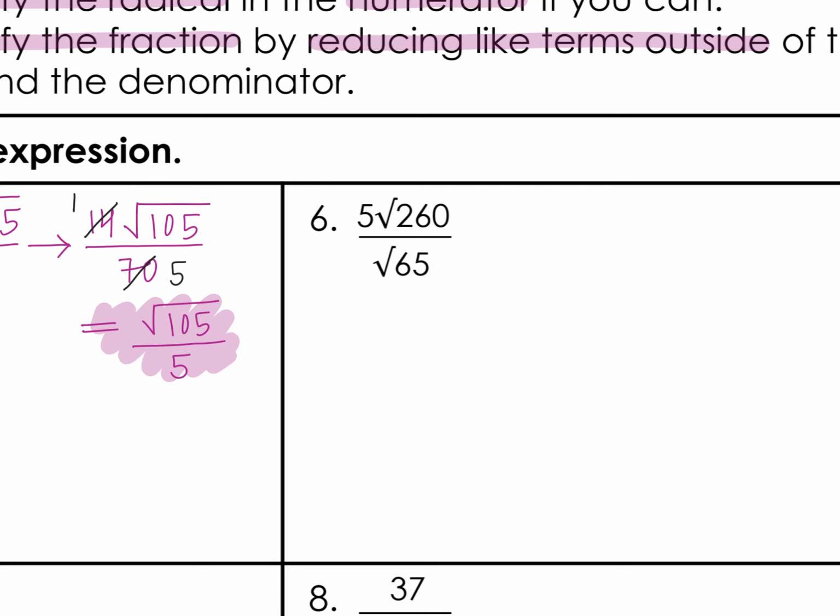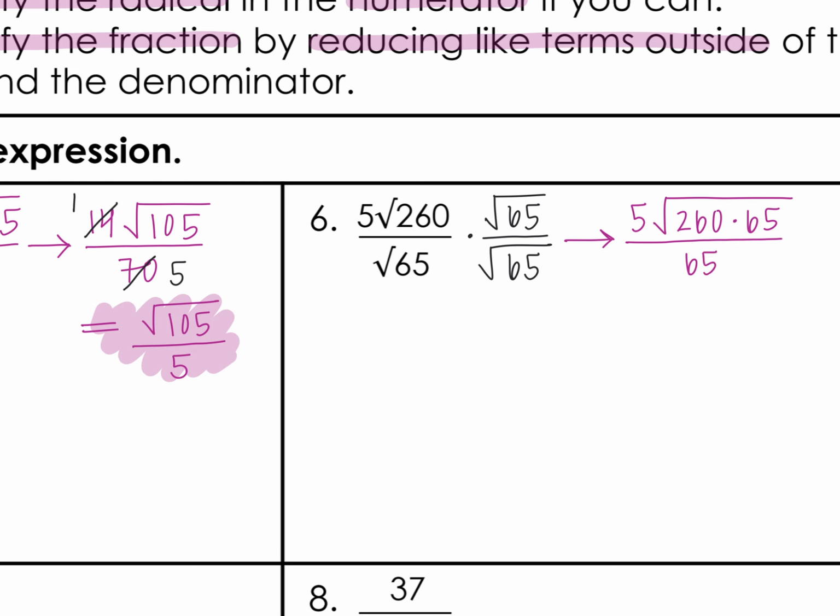So I'm going to multiply the square root of 65 to the numerator and denominator. Okay, so once I do that, I'm going to get 5 root 260 times 65 over 65 in the denominator.